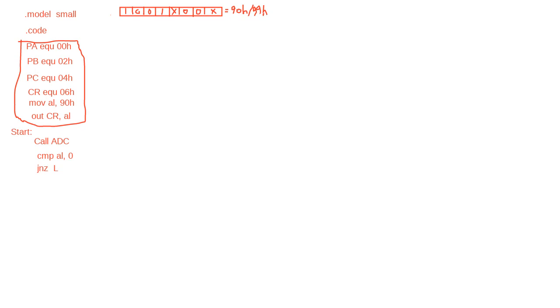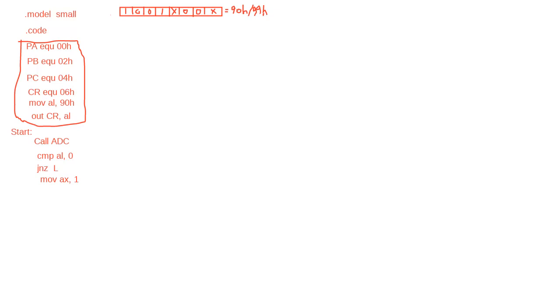So move AX comma 1. AX 1 means AL 1 actually, it doesn't matter. And then in the label L, H. Look here, AL has the ADC value, okay?